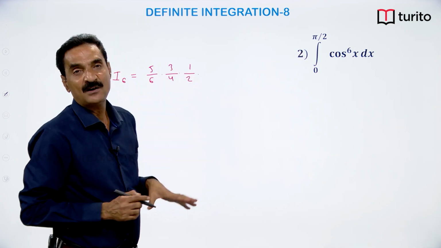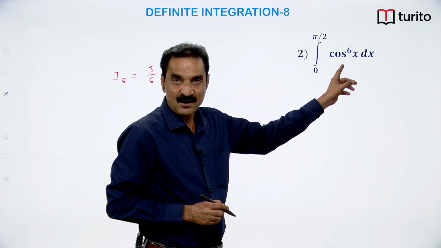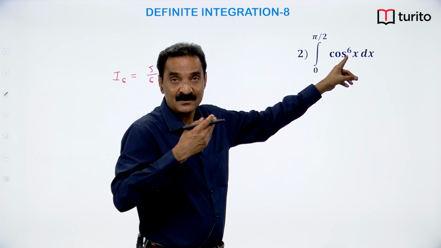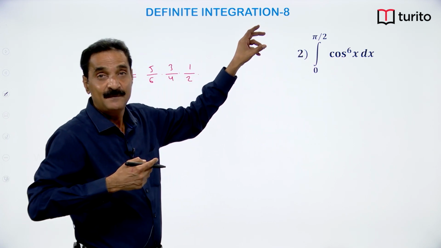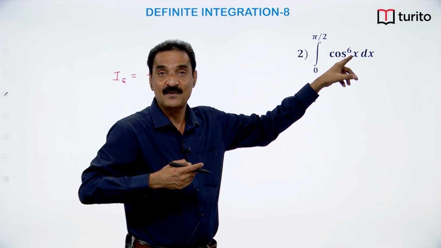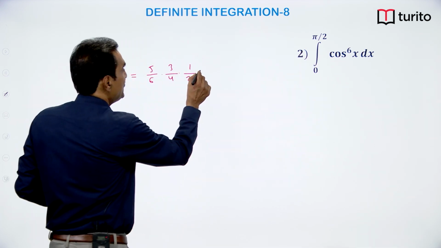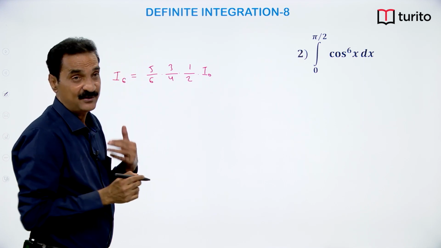So next term will be the last term. What will be the last term? Is it I naught or I1? Here n is even. So if you go on reducing 6 by 2, finally it becomes 0. If n is odd, it reduces to I1. If n is even, it reduces to I naught. So it is I naught. What is the value of I naught? Pi by 2.